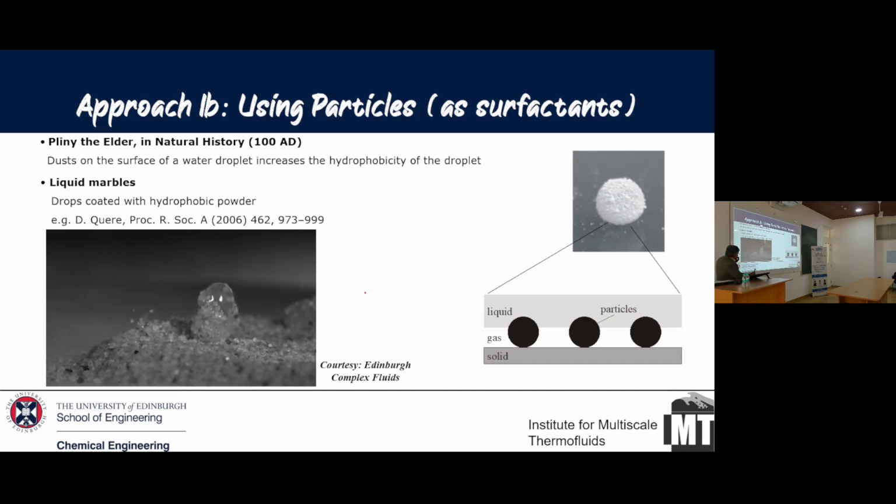There are no particles inside the bulb. It's just attached to the surface. Technically, these particles also behave in some sort of surfactant way, but they're not fully surfactant-like. Chemically, they're not surfactants at all. So this is another way of altering wettability, which is using particles.